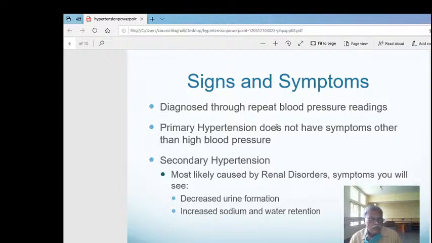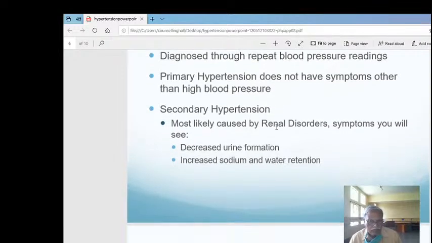Usually they are asymptomatic. The secondary hypertension is most likely caused by renal disorders. Symptoms you will see like decreased urine formation and kidney disease, chronic or acute, or increased sodium and water retention is also present.